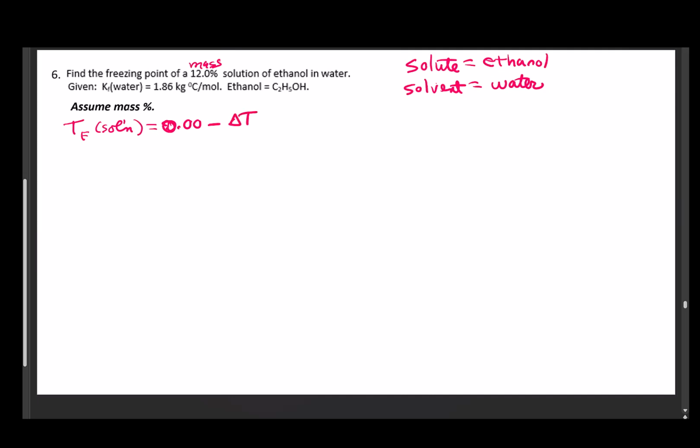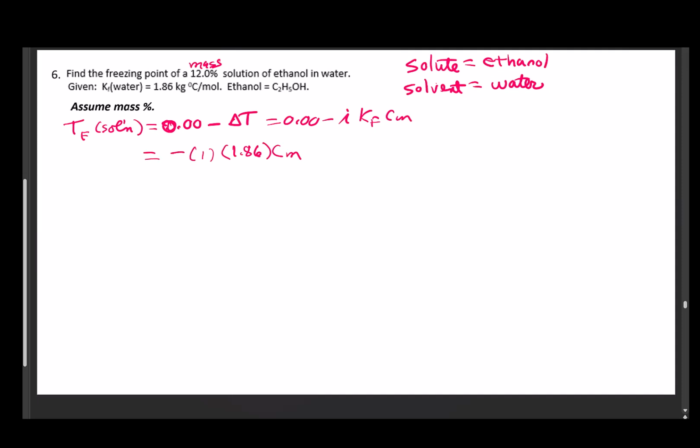So this is equal to minus i, which is equal to 1 because ethanol is a carbon-based compound and doesn't ionize, times Kf, 1.86, times molality.